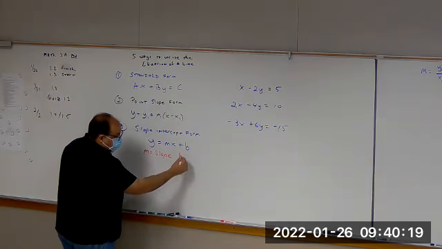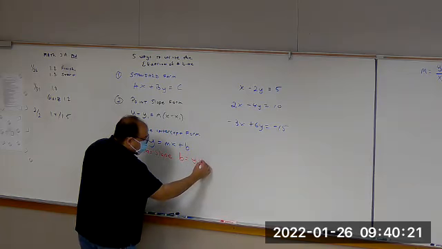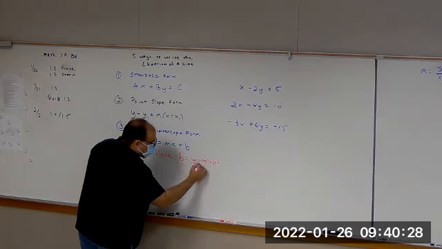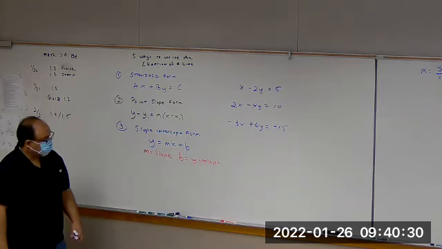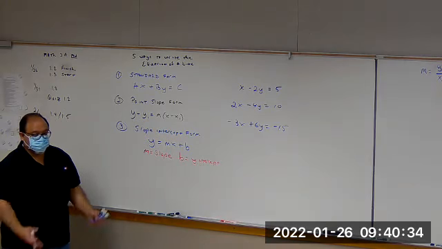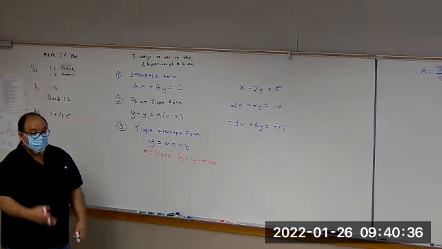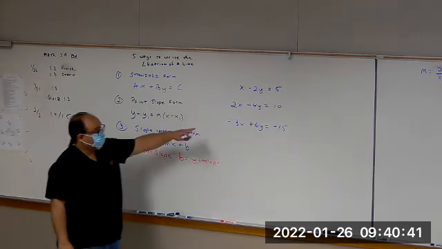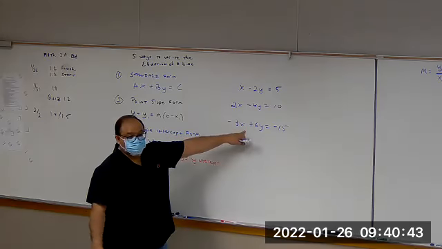And this B is the y-intercept. It's where the graph crosses the y-axis. So just by looking at the equation, you're going to know exactly how to graph the line. Over here, if you have standard form, you'd have to plug in points to figure out where to graph the line.